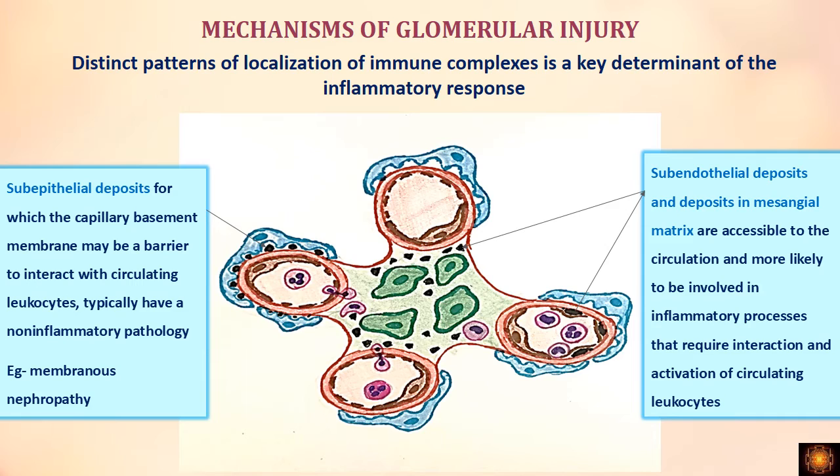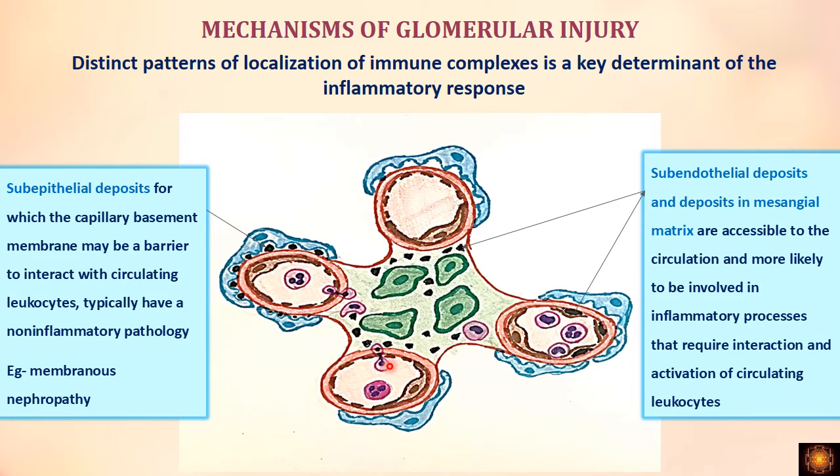If they are subendothelial deposits, they are more accessible for the leukocytes which are present in the circulation. So these subendothelial immune complexes can interact with the leukocytes and activate them, and they cause inflammatory reaction. Even the mesangial deposits can also produce the inflammatory reaction.